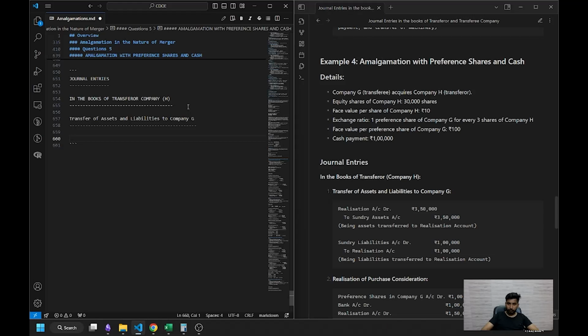So how much assets do we have? First of all, realization. The amount which we have in the realization will be transferred to the sundry assets account. That means now we are transferring our assets. The amount is going to be rupees 3,50,000.